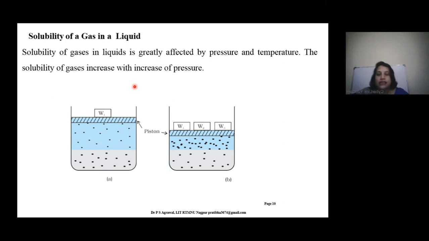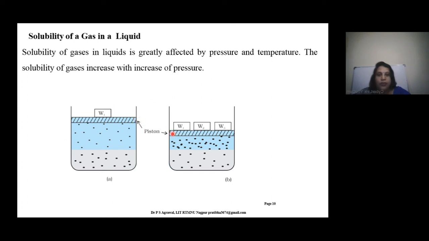For solution of gases in a solvent, consider the system shown in this diagram. The lower part is the solution and the upper part is the gaseous system at pressure P and temperature T. Assume that the system is in dynamic equilibrium. Under this condition, gaseous particles entering and leaving are the same in number. Now increase the pressure. See, the piston is lowered.